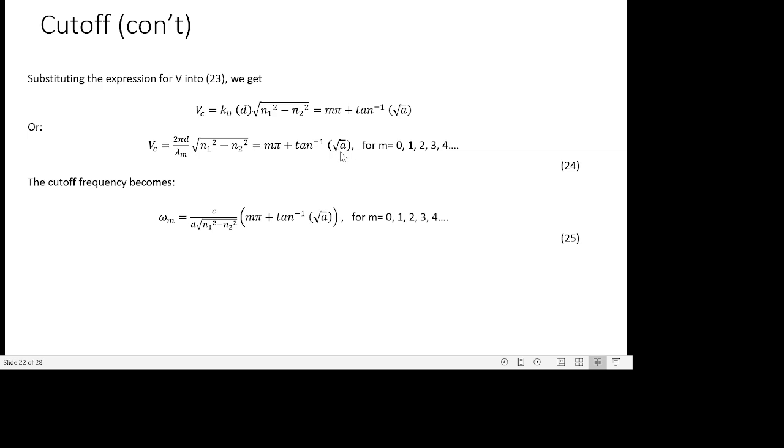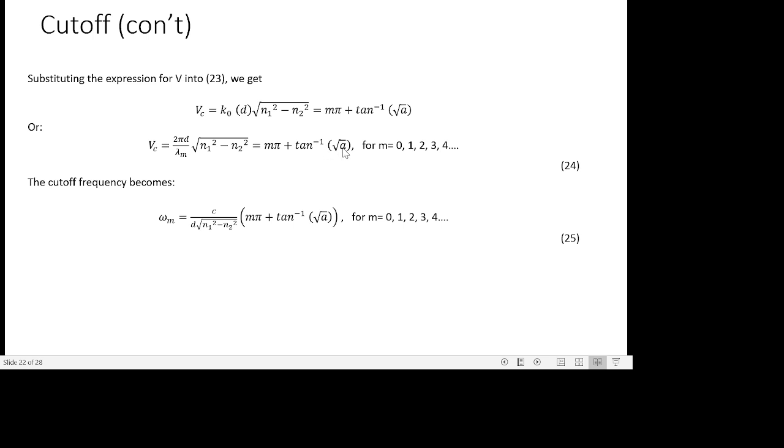The first cutoff condition always occurs in the TM modes, when the thickness of the core is reduced. If we want to know the first cutoff, then we need to find the largest value of the right side of the equation.